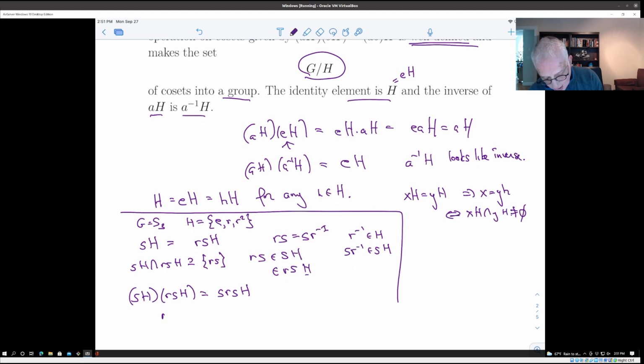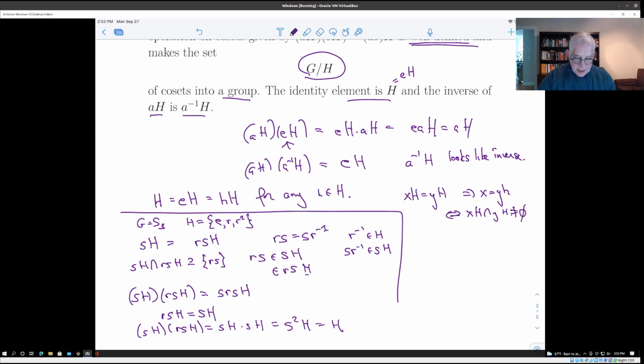But on the other hand, if RSH equals SH, then SH times RSH had better be equal to SH times SH, which is S squared H, which is H. So I need to know that SRSH equals H. And as it happens, it does, because I know that SRS is R inverse. So this is the same as R inverse H, but R inverse is in H, so that's equal to H. But if we had to go through this every time, we would go crazy.